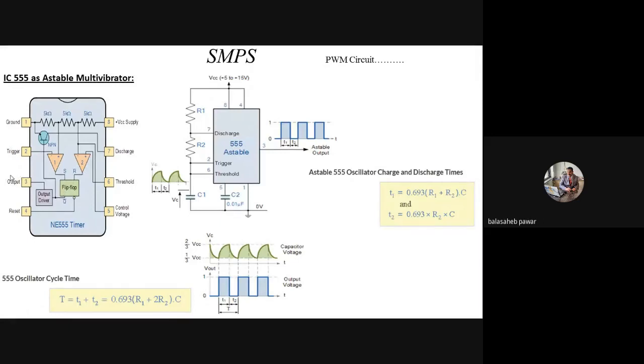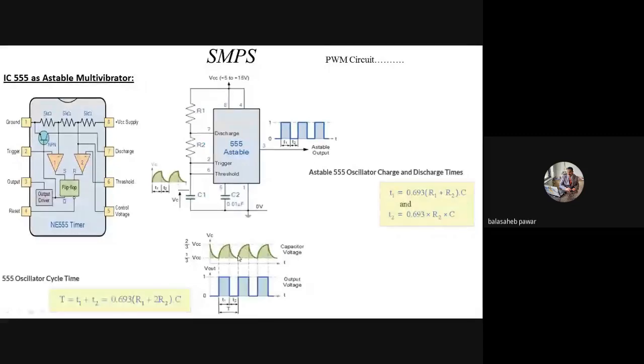Then the last condition is when the capacitor voltage reaches 2/3 of VCC, which is applied to the threshold terminal. That means when the non-inverting terminal of the second comparator reaches the potential available at the inverting terminal, the output will become 0, and later immediately the capacitor will start to discharge.